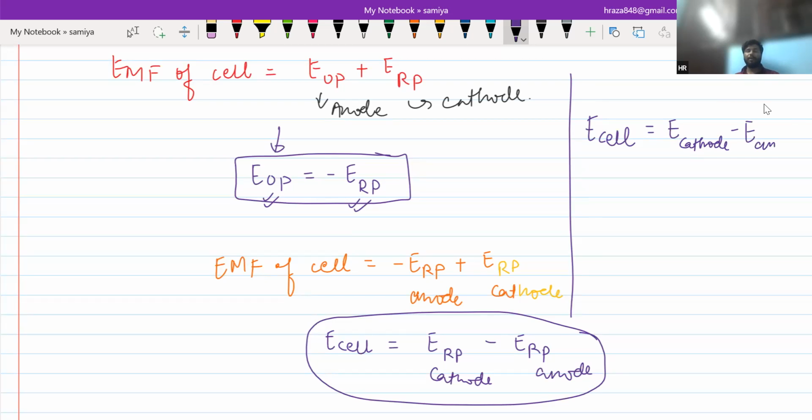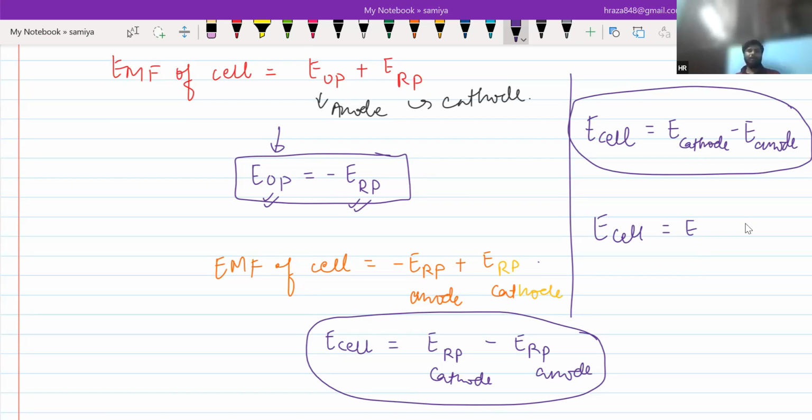It is understood that we already know the anode will be oxidation, but we have to put the value of reduction potential of that. E cell will also be equal to, as you know, in representation cathode is on the right hand side, so ER for right hand side, and anode is on the left hand side, so EL.